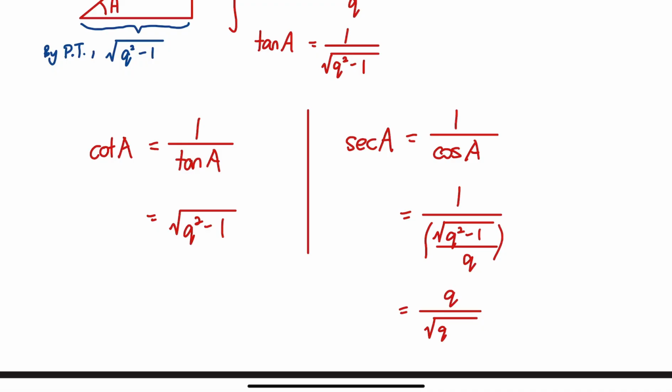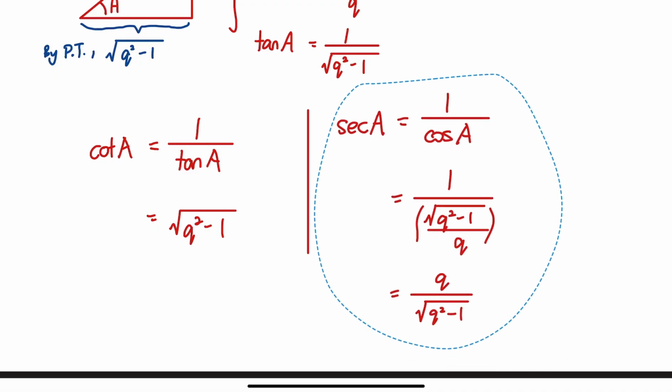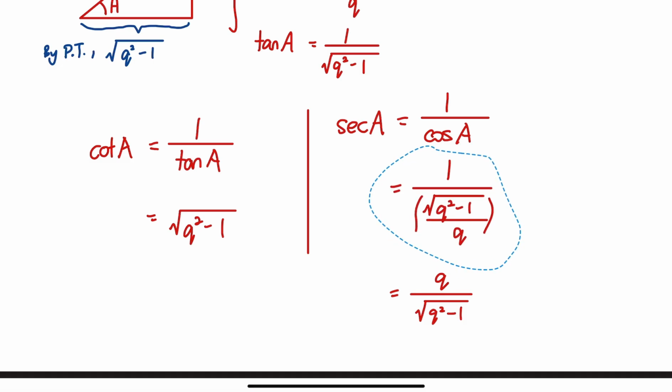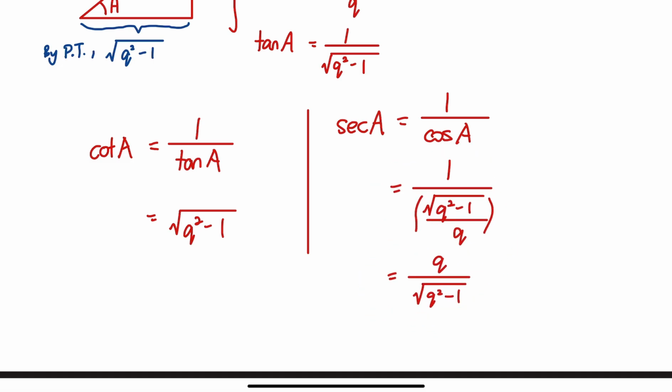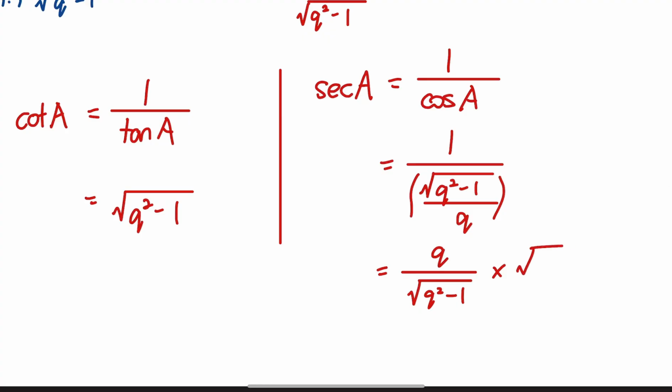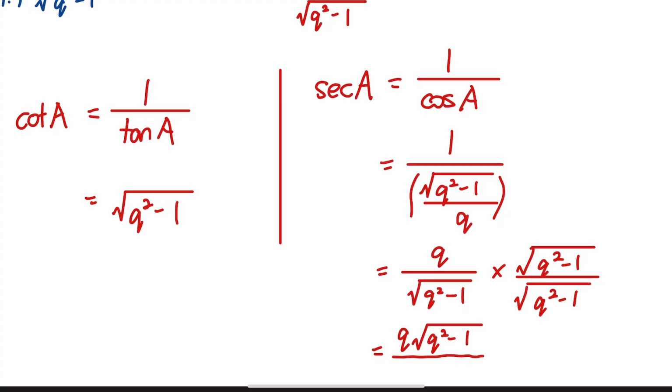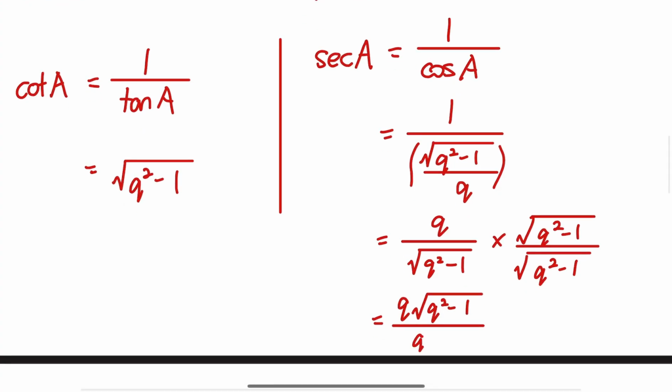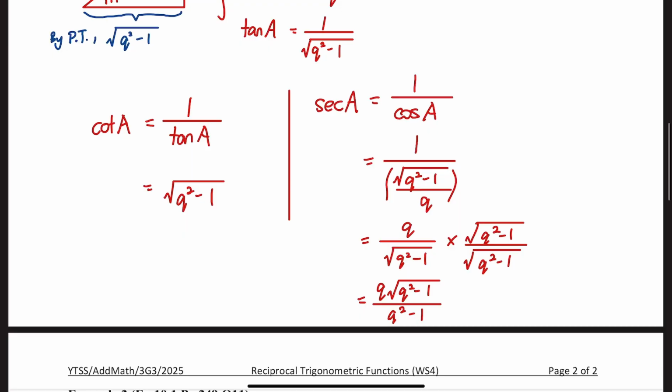But of course, in A math, we don't leave our answers in square root form. So I will need to simplify this by rationalization. Multiply square root Q square minus 1 to the numerator and denominator. Final answer should be simply Q times square root of Q square minus 1 over Q square minus 1. And this is your answer for secant A.